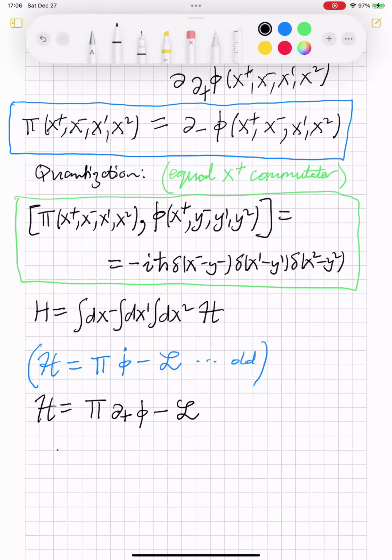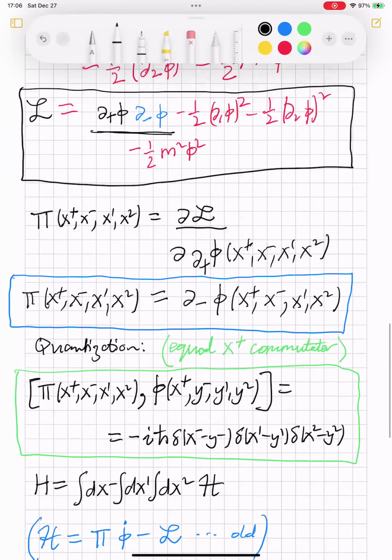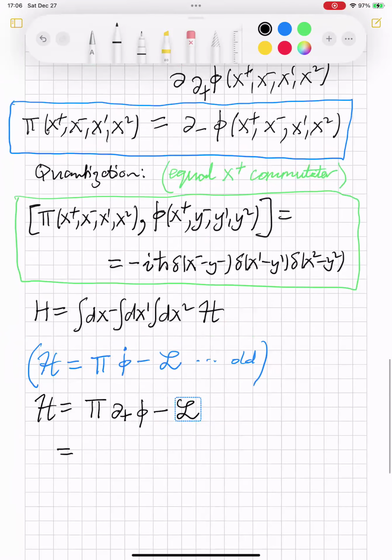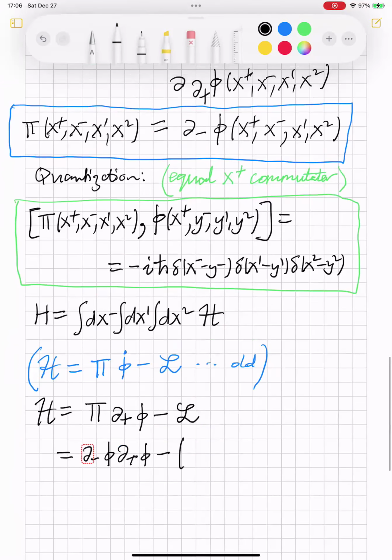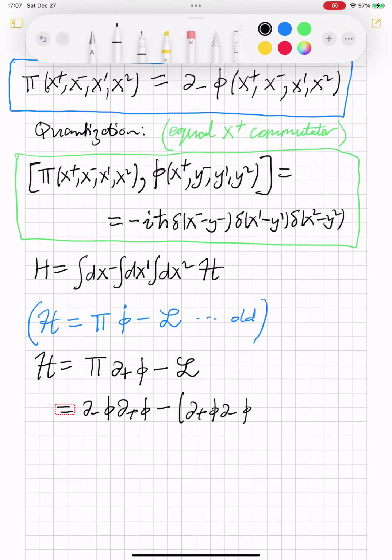Okay, so if we look at the Lagrangian, there's the Lagrangian. It's got a d plus phi, d minus phi, and then a bunch of other terms. So now what will we have? D minus phi, d plus phi. Let me just write in the Lagrangian. I'm just going to write in that expression over here. So we'll have d plus phi, d minus phi, minus a half d1 phi squared, minus a half d2 phi squared, minus a half m squared phi squared.